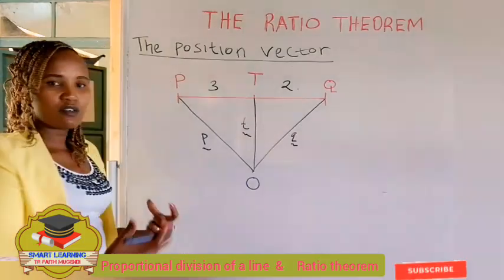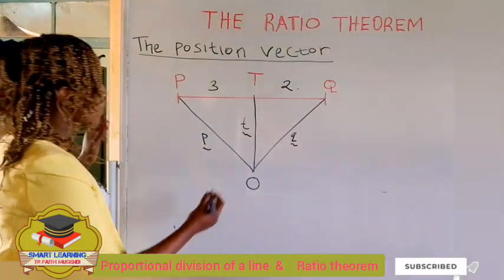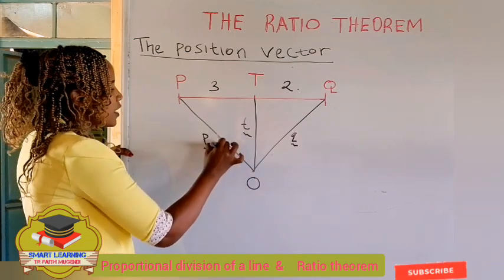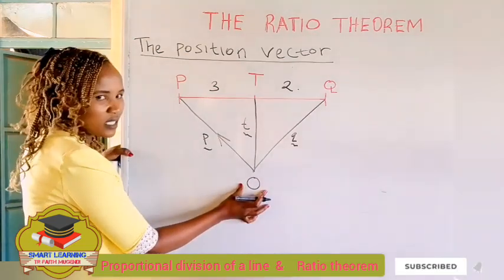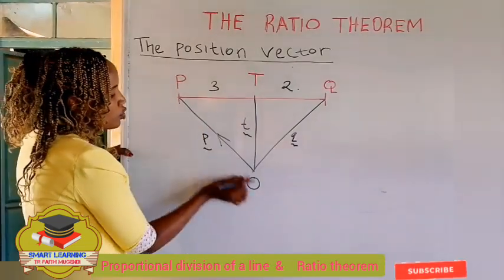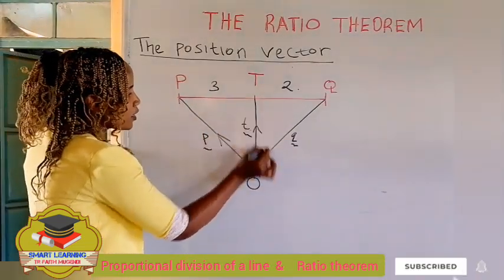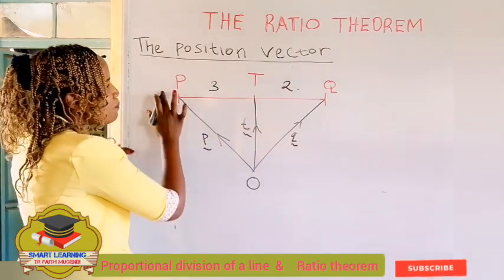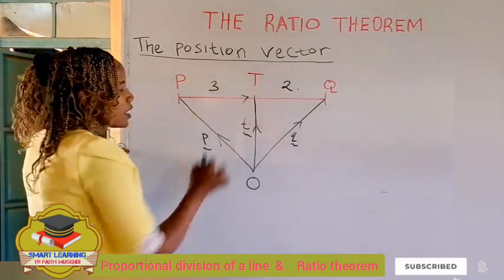Let's start from where we know. Mathematically, O is the starting point, so from O to P is that direction, from O to T is that direction, and from O to Q is that direction. Line PQ takes that direction.